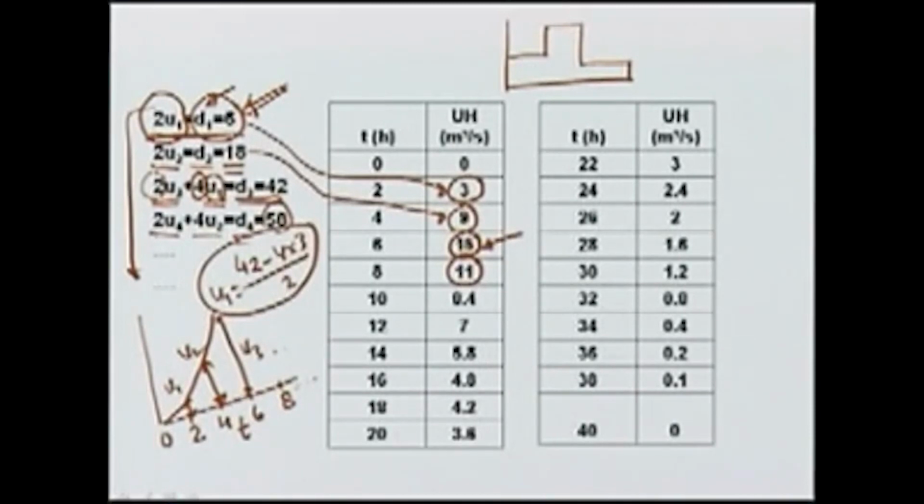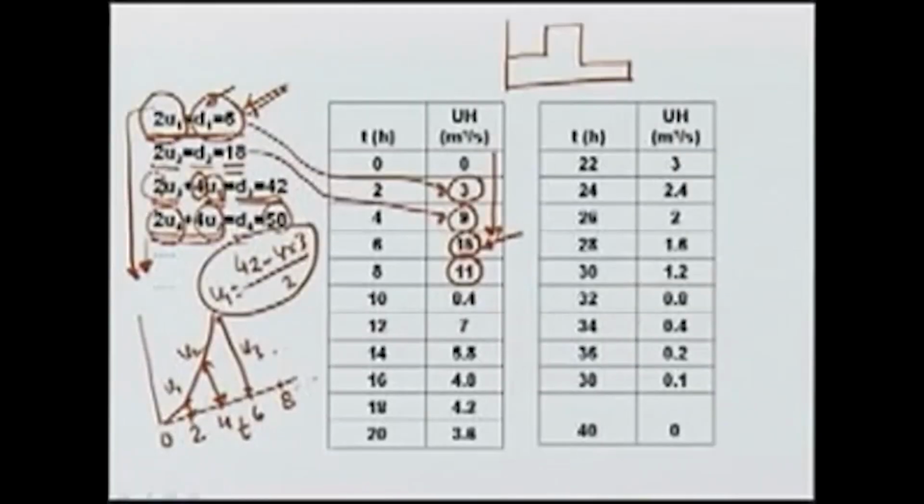So, here we had 2 ordinates because there were only 2 rains of 4 hour duration. If we have 3, then after 8 hours, so 0 to 4 we will have a single ordinate, 6 to 8 then we will have 2, and then after that we will have 3 ordinates, sum of 3 ordinates. But again, sequentially we can obtain all the values in this way.